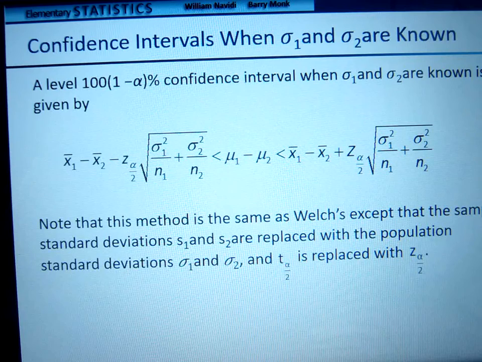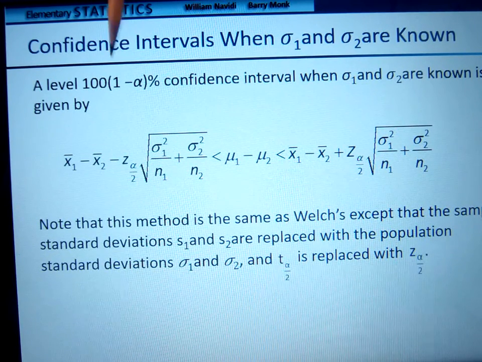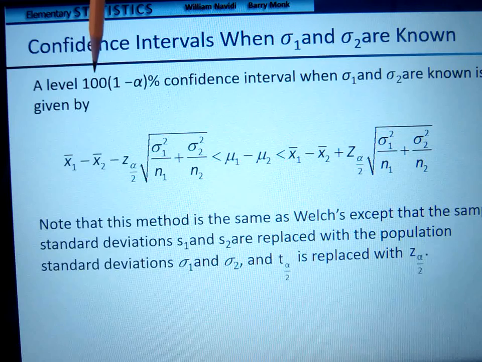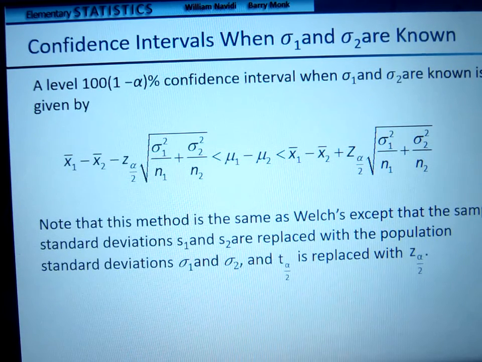All right, so if we have a level, and here again, this is our 1 minus our probability, then when you multiply it by 100, you're changing it to a percent. Confidence interval when the standard deviations of the first and second are known.